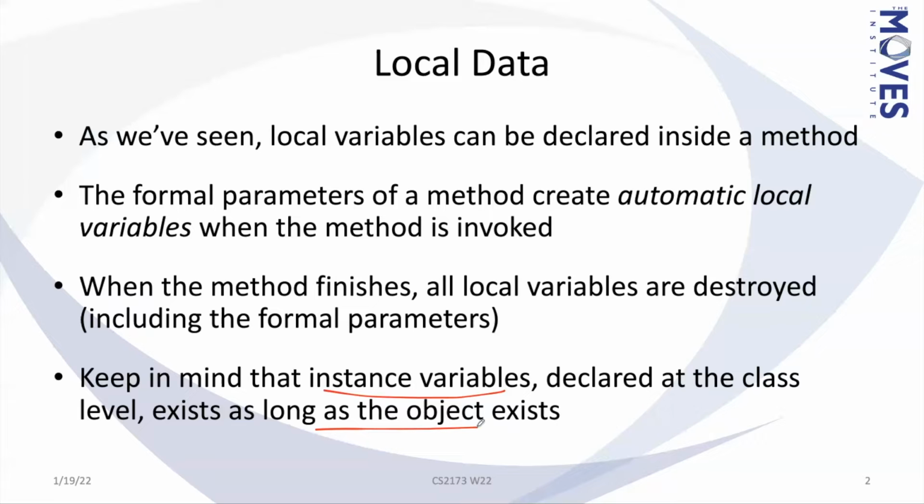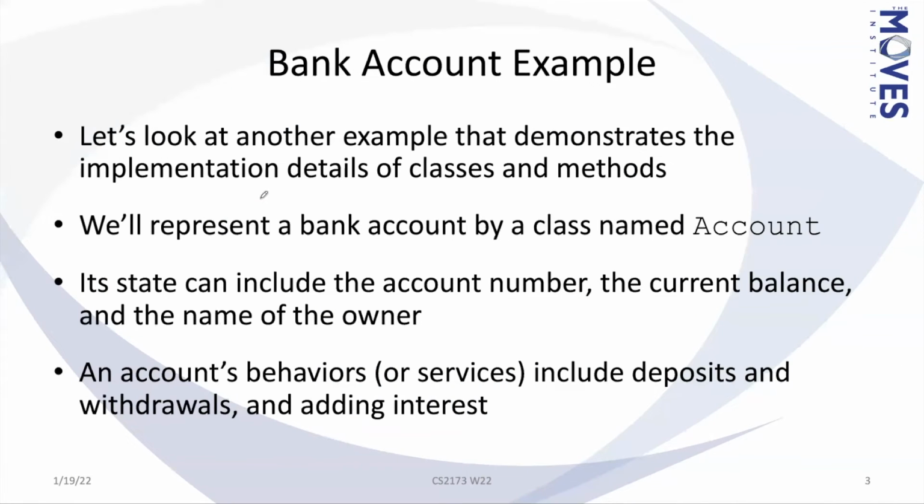Instance variables are what the majority of this is all about. It's important, though, to understand what local variables are and are not. So again, a local variable does not persist from one call of the method to the other. When you call it again, it all gets reinitialized, and there are some implications to that.